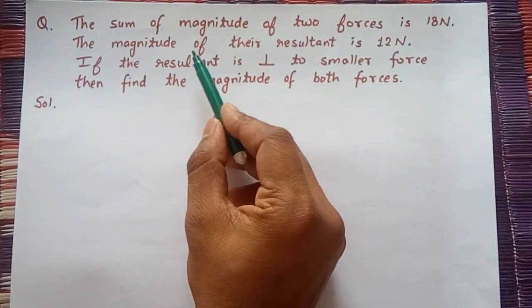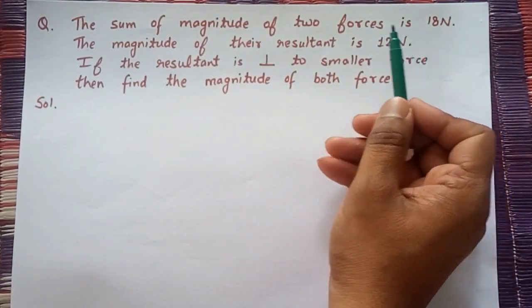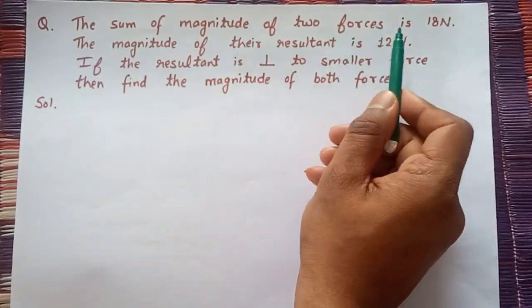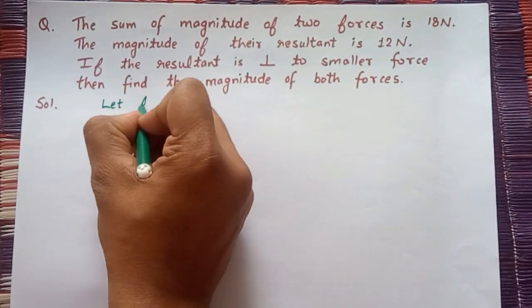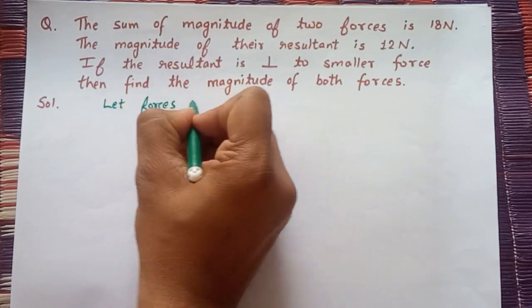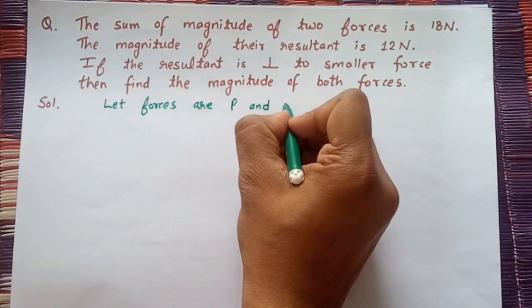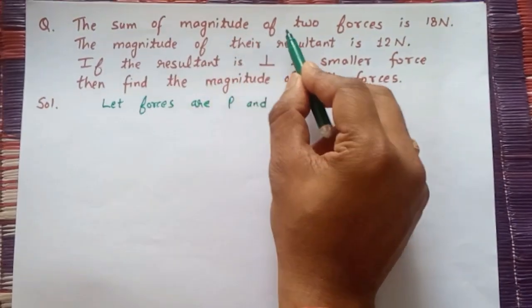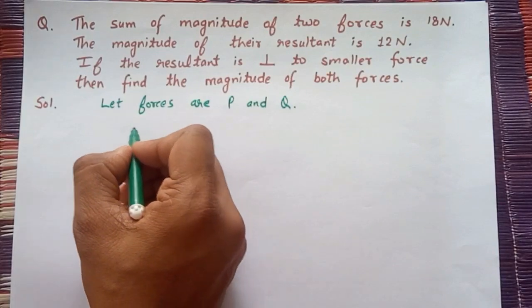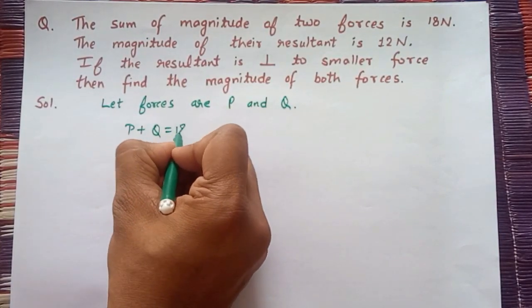Next question is, the sum of magnitudes of two forces is 18 Newton. There are two forces and their sum is 18 Newton. Let the forces be P and Q. The question is saying that the sum of their magnitudes is 18 Newton, so P plus Q is equal to 18.